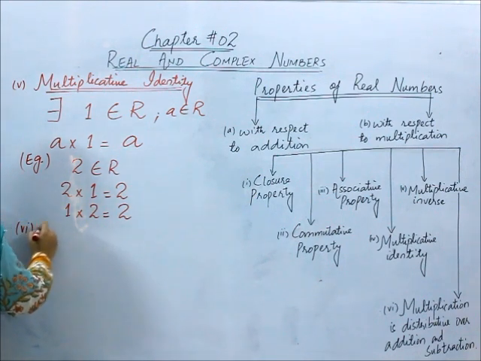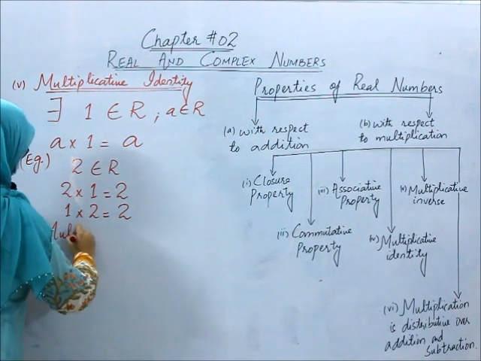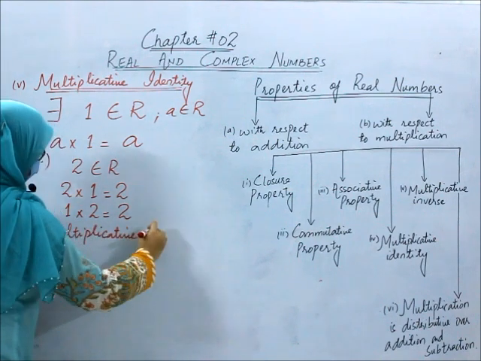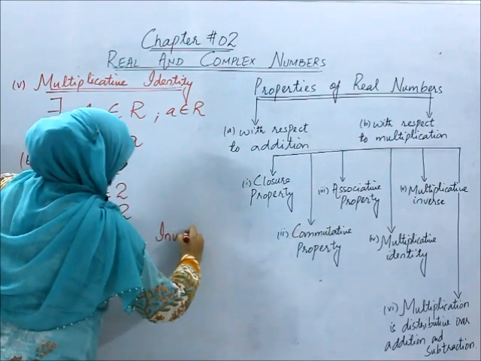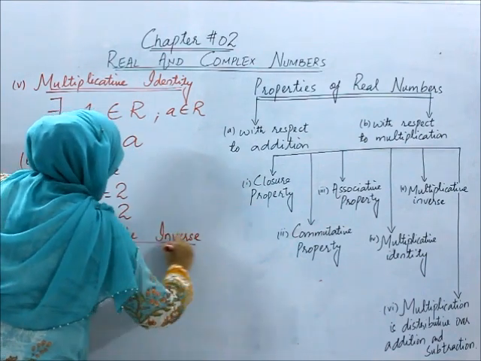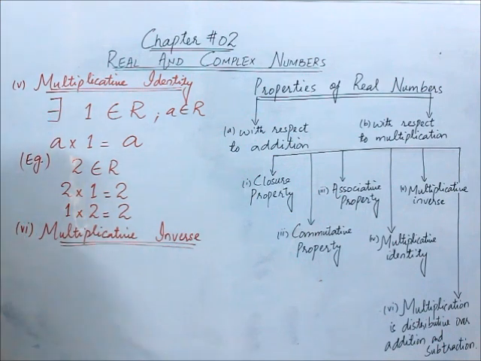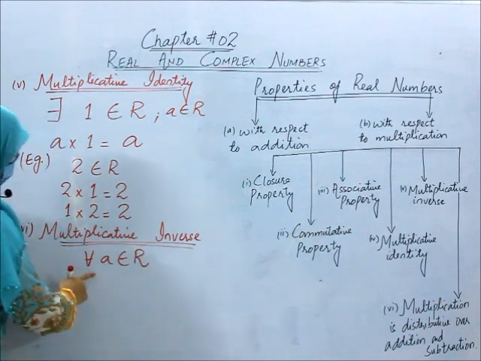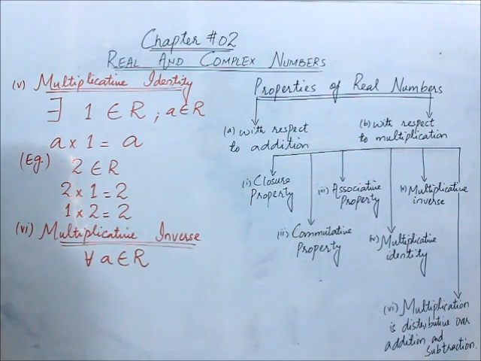Now the sixth property is multiplicative inverse. What does this property say? Multiplicative inverse means for every number which belongs to the set of real numbers, for all numbers which belong to the set of, this sign is for all and this is for belongs to.